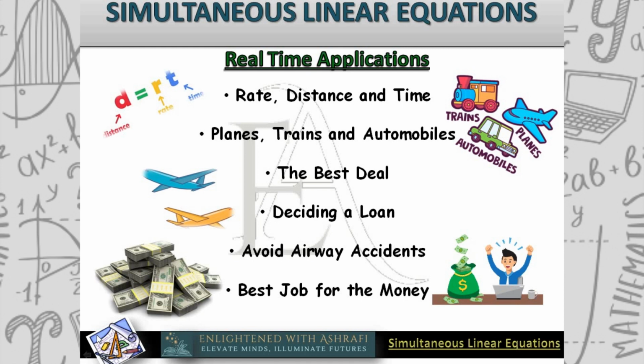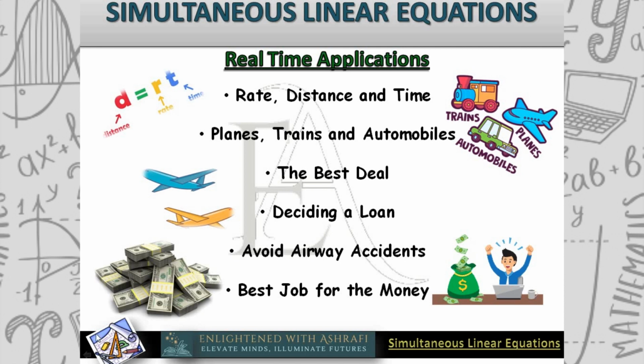Then deciding a loan. For deciding a loan, you can determine the best loan choice, whether you want to buy a car or a house. You can consider the duration, the interest rate and the monthly payment that you are going to pay for the loan. On the basis of that, you can calculate which loan suits you best.